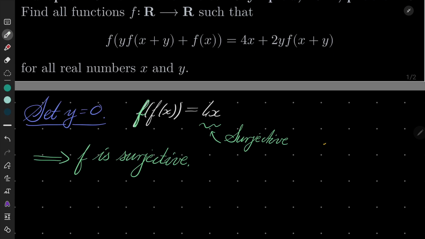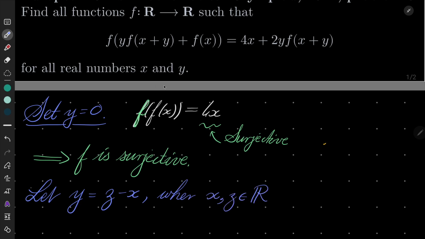So now let y be equal to z minus x, where x and z are arbitrary real numbers.